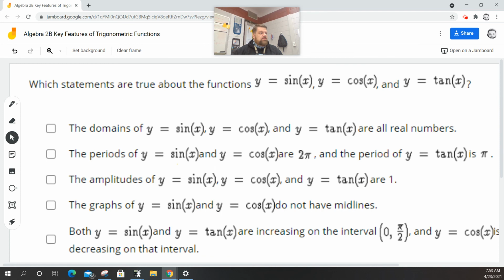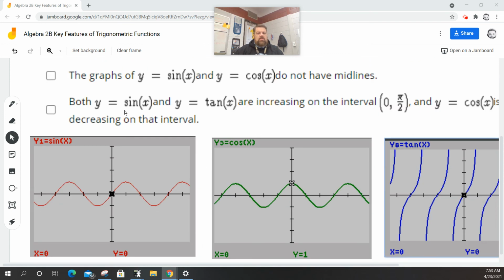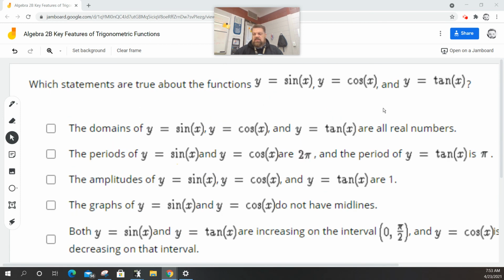So what I want to do is figure out which one of these statements are true. So this one says the domains are all real numbers. Well, are they? When they say the domain is all real numbers, what they're really asking is, is there any value for x that we cannot include? Well, tangent, because tangent is really equal to sine over cosine.